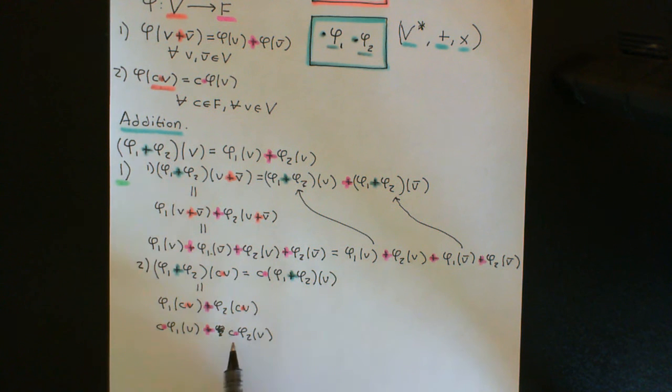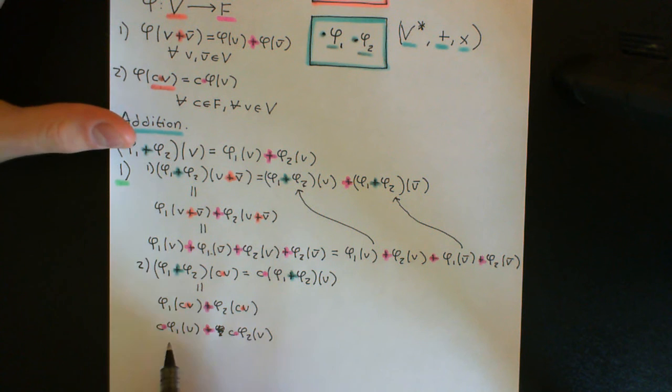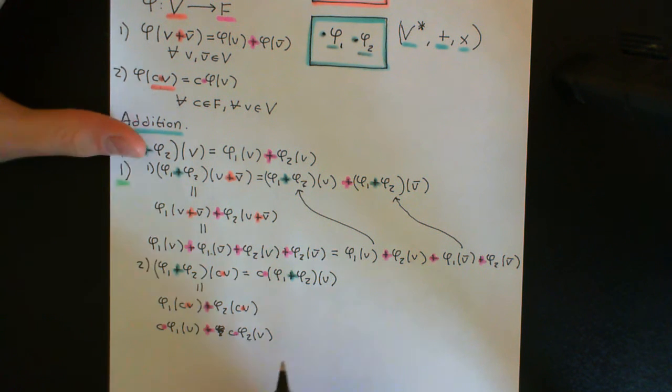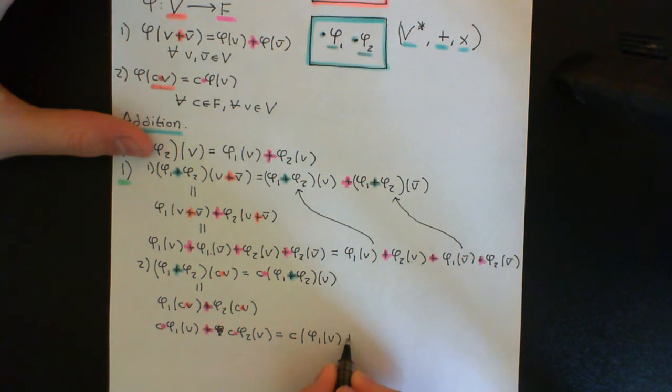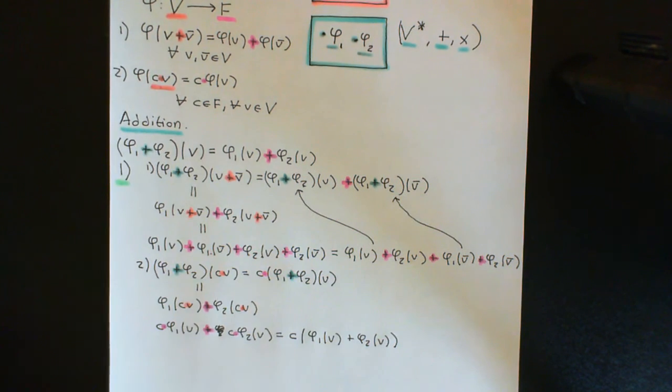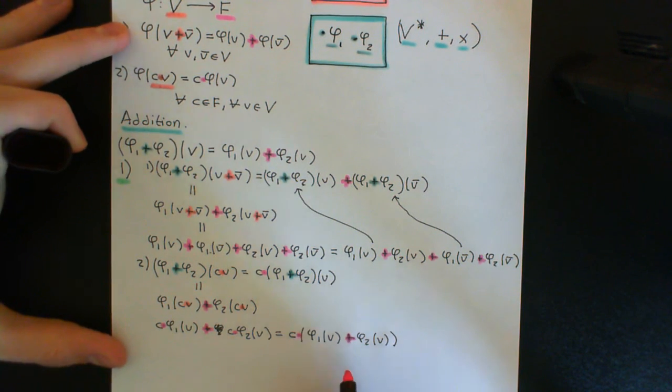Okay, now what I'd like to do is somehow turn this into this. How can I do that? Well, what I can firstly do is say, okay, multiplication distributes over addition in the field, so what I can do is now pull this c out, and this will become c times (phi1 of v plus phi2 of v), where this is addition in the field here, like so, and this is also multiplication in the field.